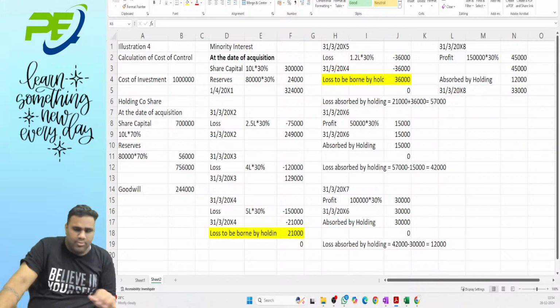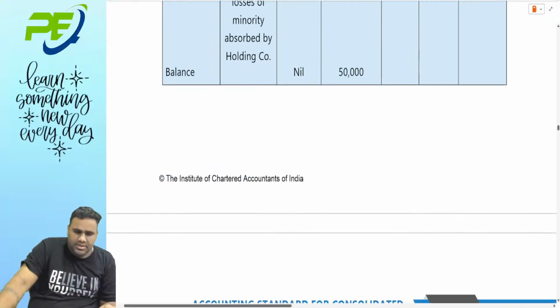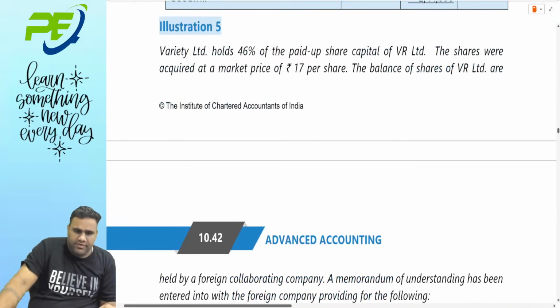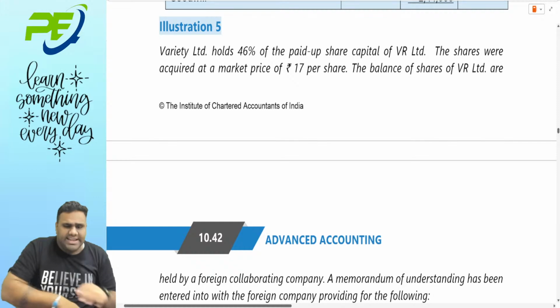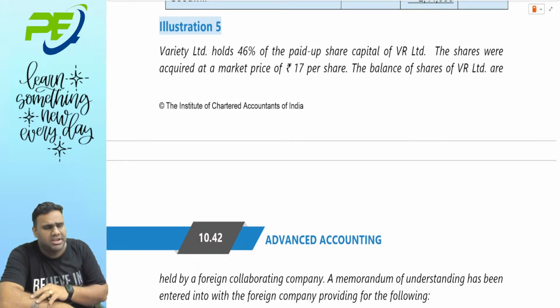Okay, so now let's move forward to the next illustration. Illustration number 5. Variety Limited holds 46% of the paid up share capital of VR Limited. Is Variety Limited the holding company? The shares were acquired at a market price of 17 per share.